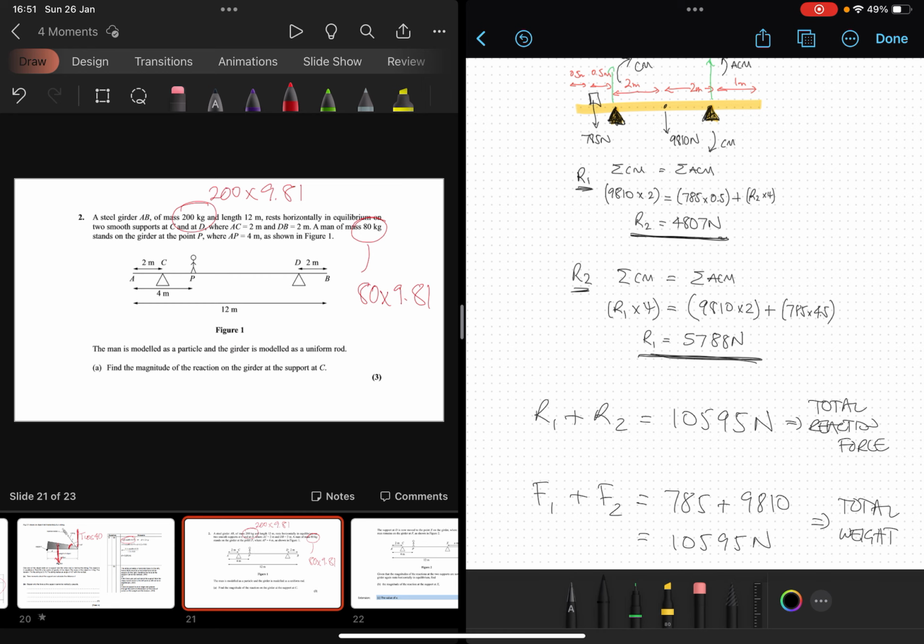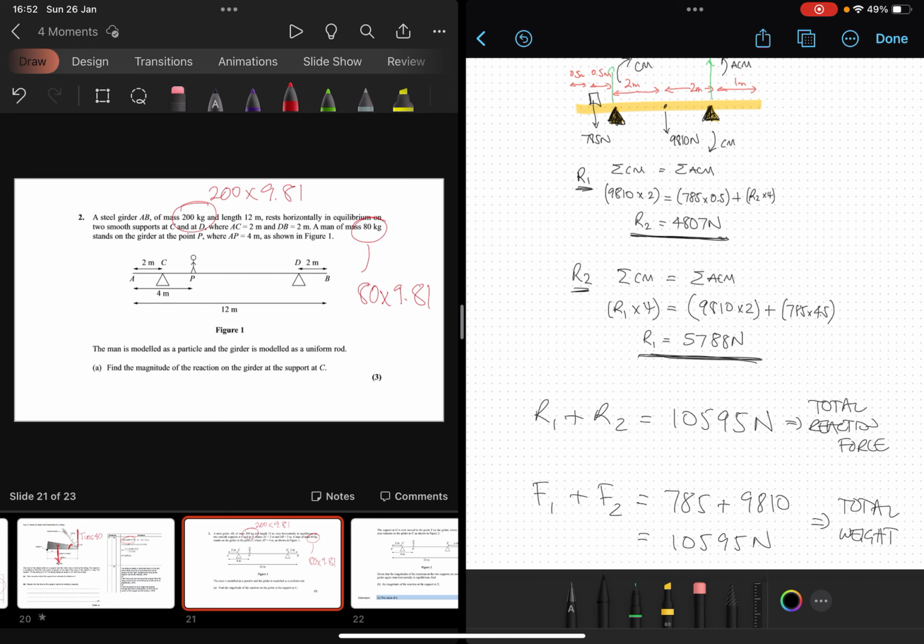And if an object is not turning, then you can be confident that the clockwise and the anti-clockwise moments are equal to each other. And we've also had a little look at what happens on the two pivot examples, where you've got an object providing a downward force and the ground providing that equal and opposite reaction force.